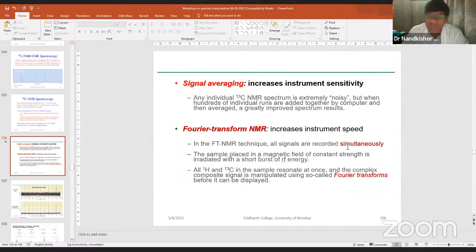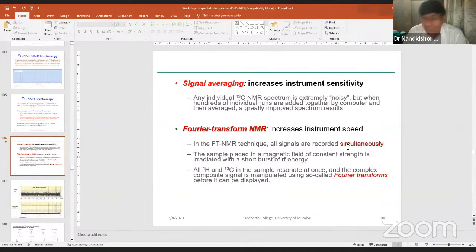So it was confusing in the olden days, but now the technique is modified so that at once we record like 100 or 200 or 1000 spectra, and there is a mathematical operation: the noise is reduced by the square root of the number of spectra. So the more the number of spectra, the less the noise.